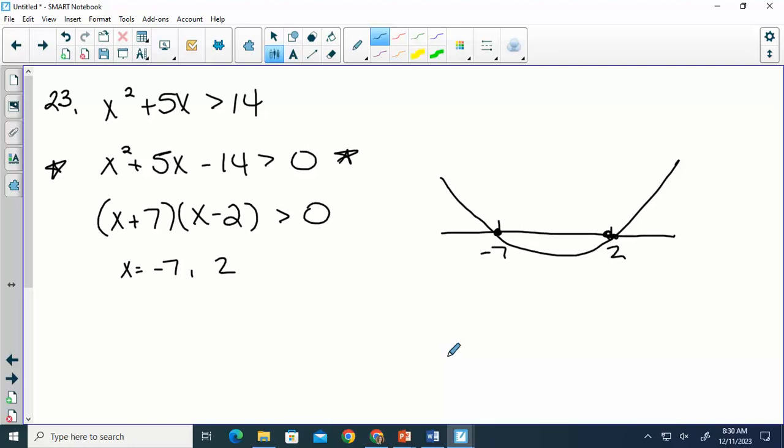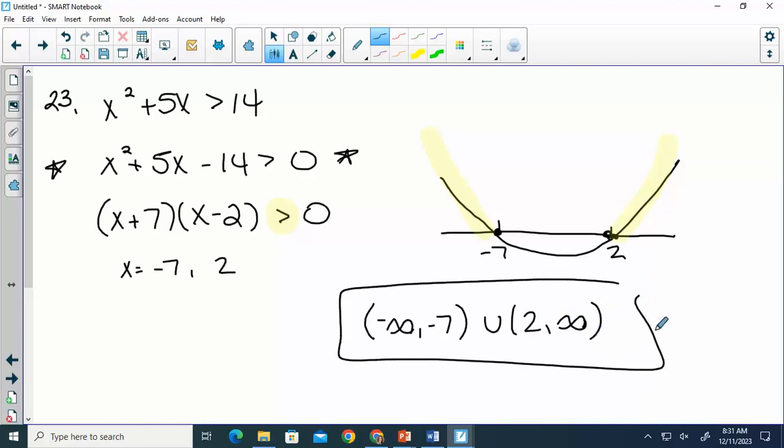Okay, then we look at the inequality. So we are testing when it is greater than 0. So this line represents equal to 0. So greater than 0 is anywhere we were above. Because there's no equal to, it's all parentheses, so you're giving me those intervals. So from -infinity to -7, union 2 to infinity.